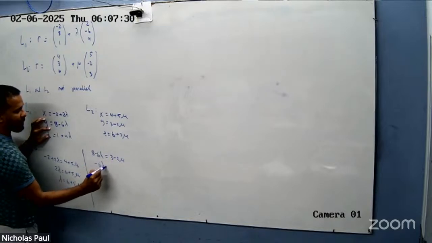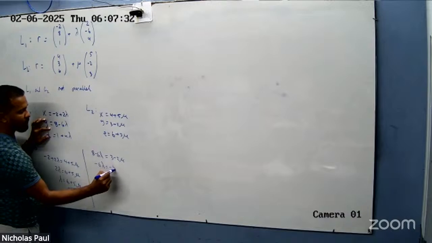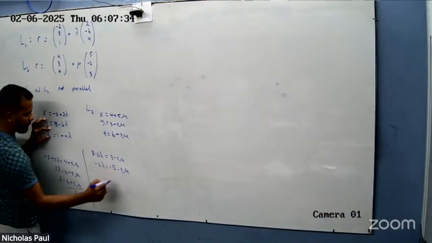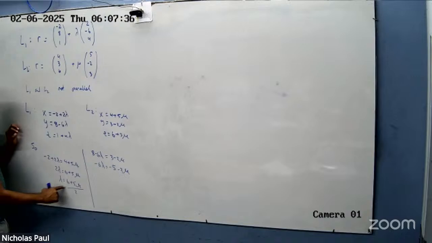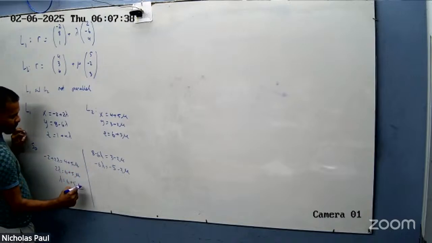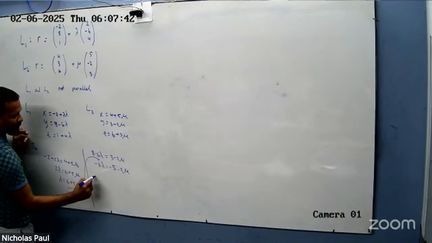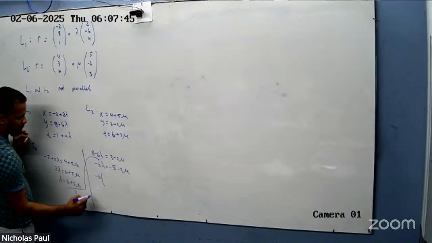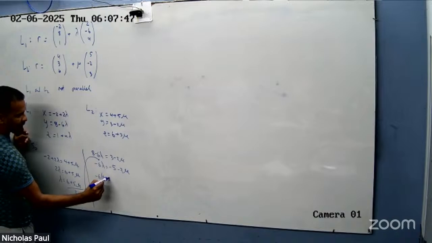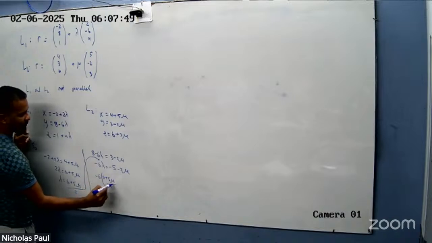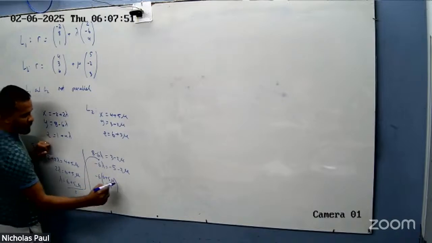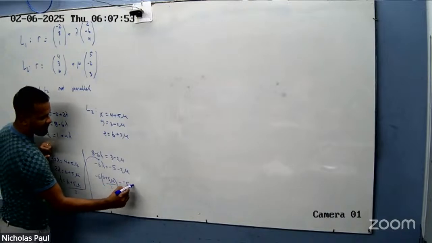Minus 6 lambda is equal to minus 5 minus 2 mu. I know what lambda is, so I'm going to put it in here. So I'll get minus 6 open brackets 6 plus 5 mu all over 2 is equal to minus 5 minus 2 mu.